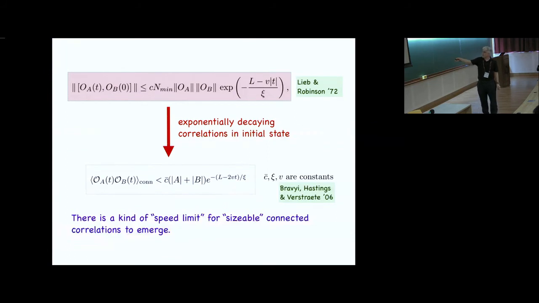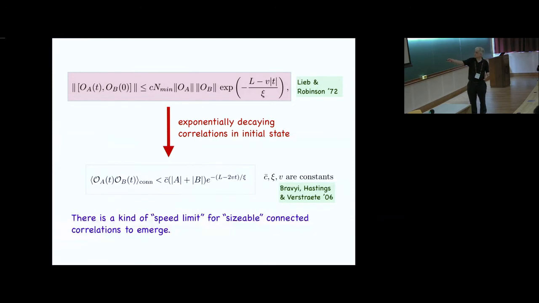And this basically tells you that outside some light cone, irrespective of whether your theory is integrable, non-integrable, whatever, connected correlation functions after a quantum quench, as long as in the initial state correlations decayed exponentially with some correlation length, are exponentially suppressed at short times.